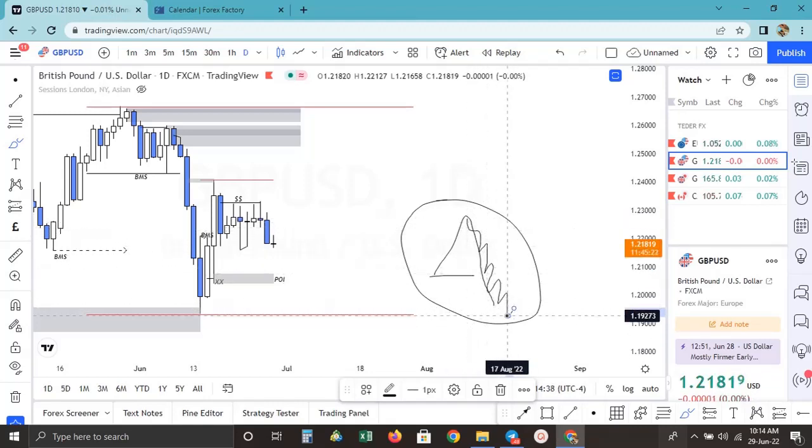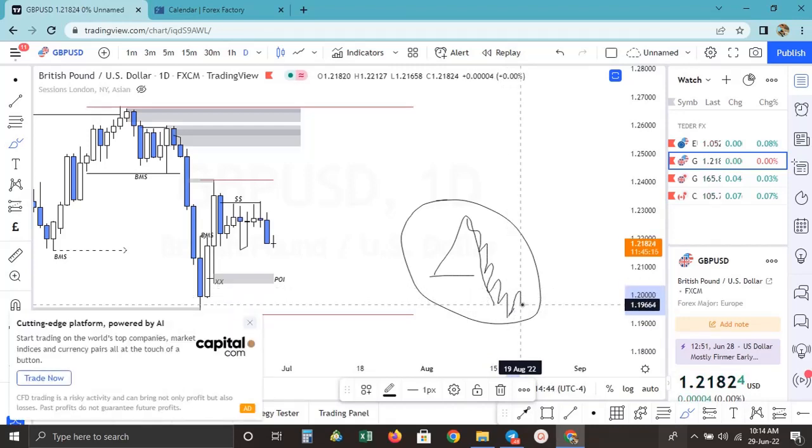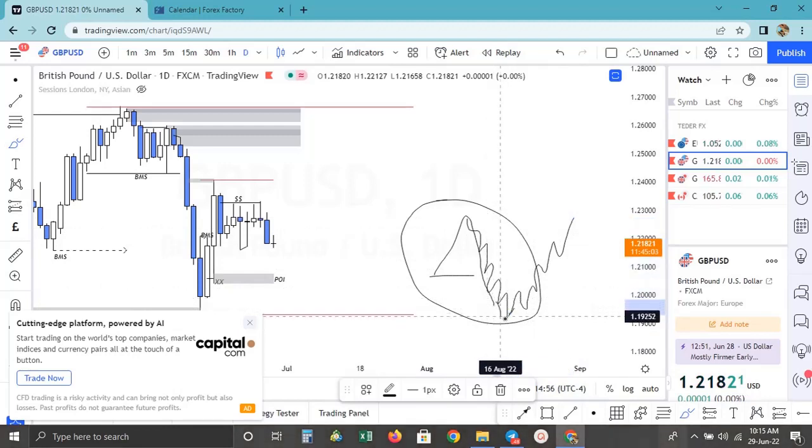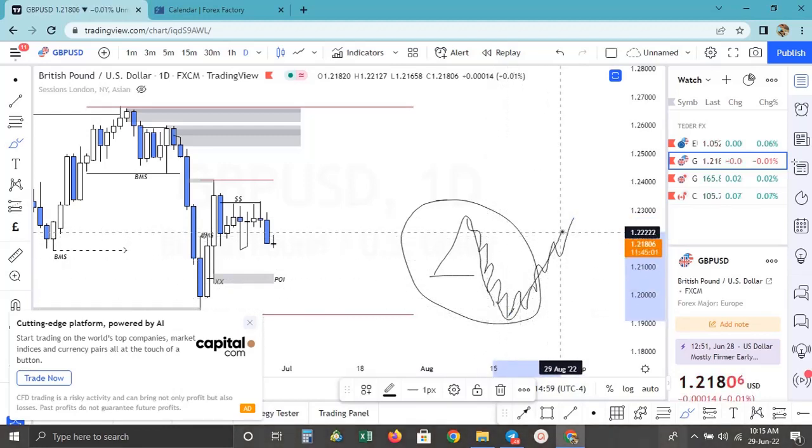So we'll be seeing price break structure again: lower low, break of structure, price will turn bullish, higher high, higher low, higher high, higher low, higher high. So this is the daily structure, right?